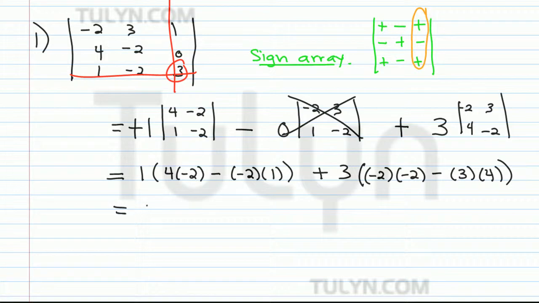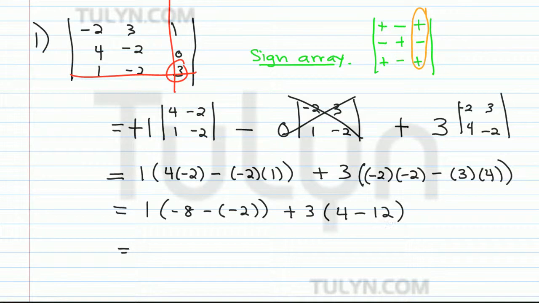So now let's simplify. This becomes 1 times 4 times -2, which is -8, minus -2, plus 3 times 4 minus 12. We don't have to write the 1 anymore because 1 multiplied by anything is that anything.